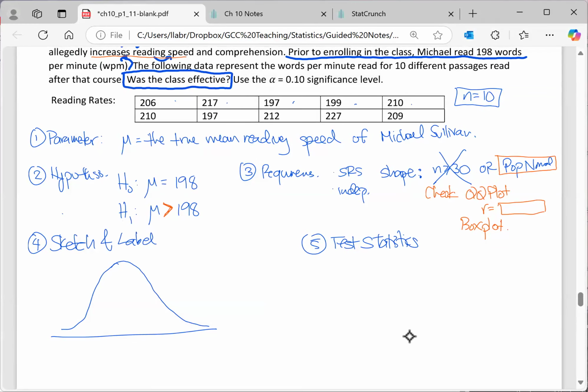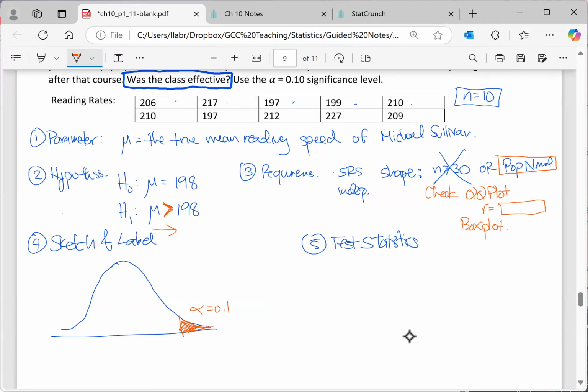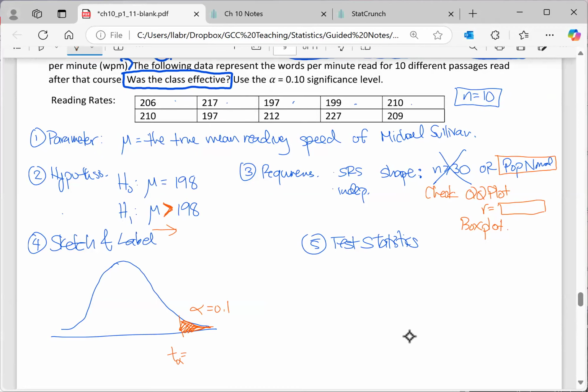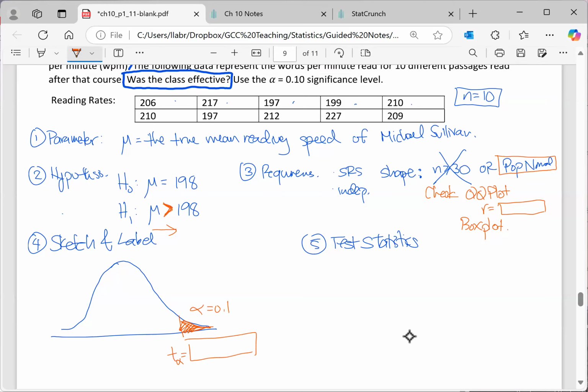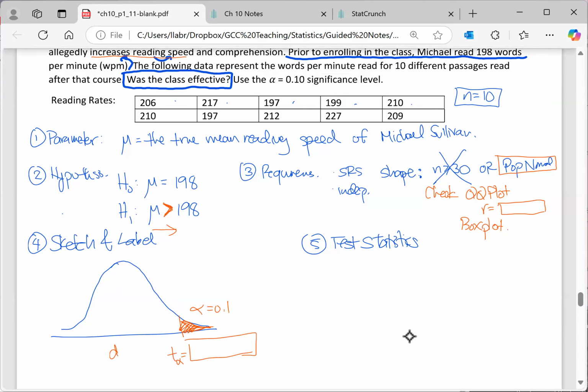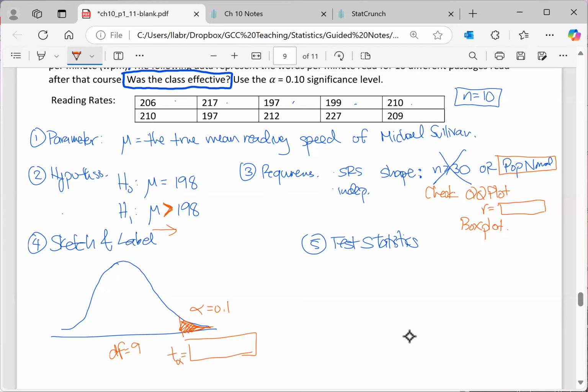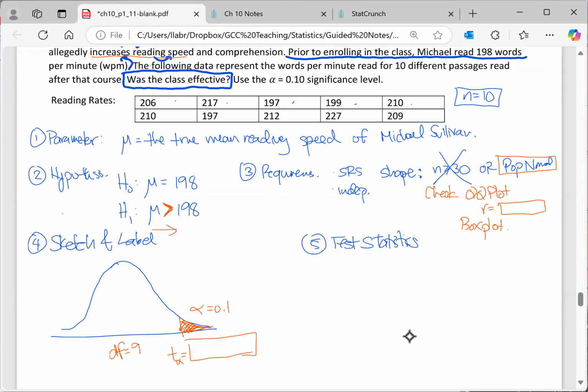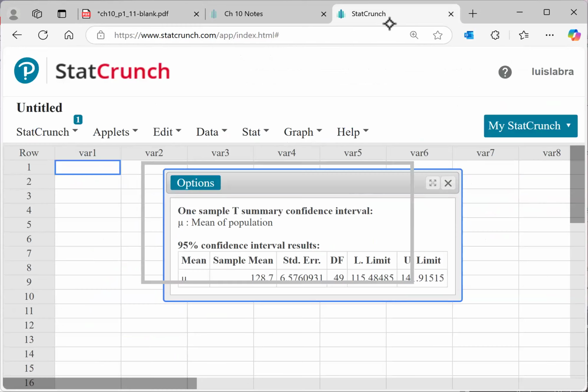The fact that this is a greater than means that I'm looking for evidence on the right tail. So no divide by 2, alpha is 0.1. So I can find t sub alpha. Degrees of freedom is 9. So let's go ahead and use StatCrunch.